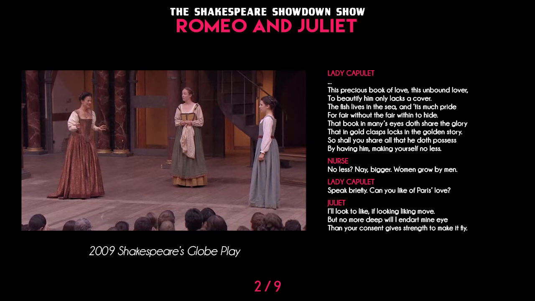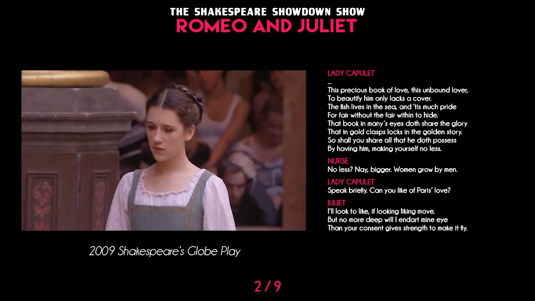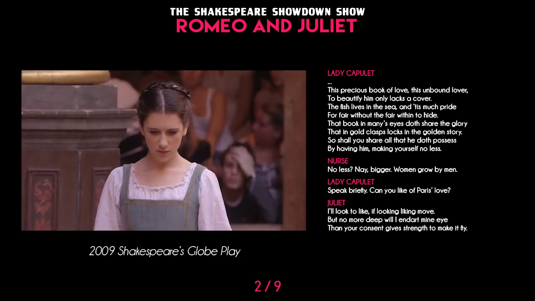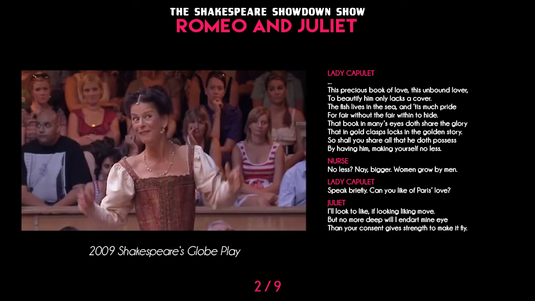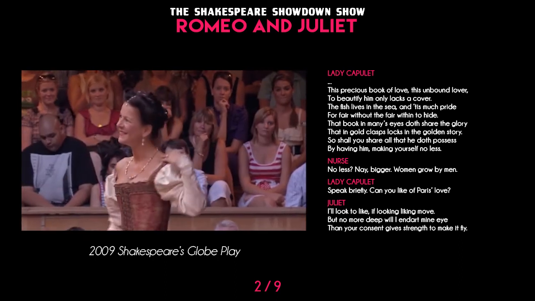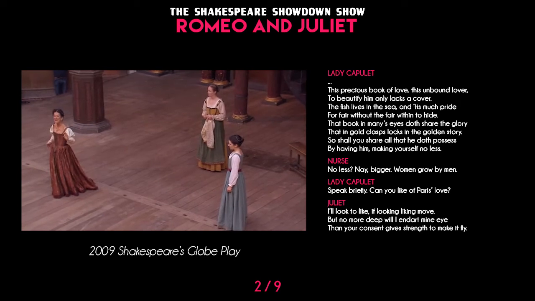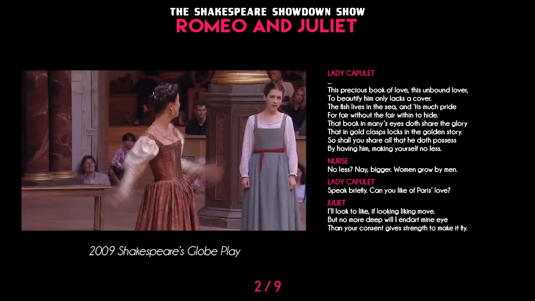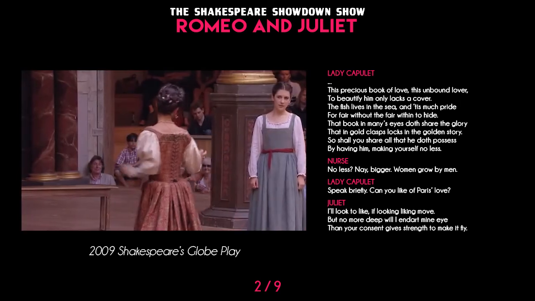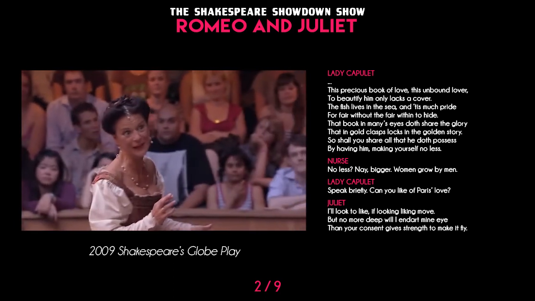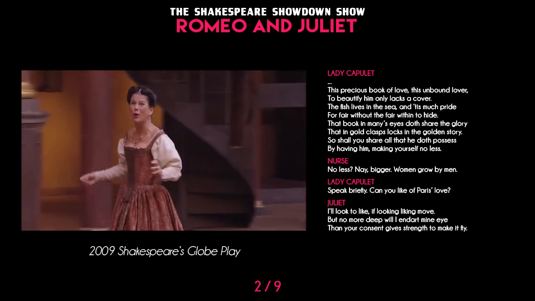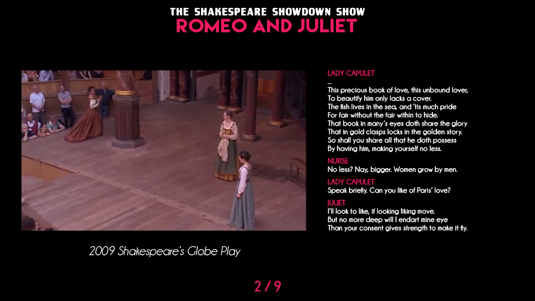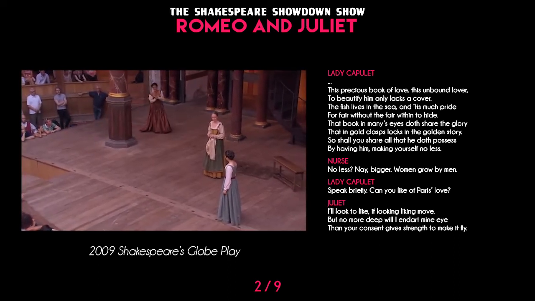This precious book of love, this unbound lover, to beautify him only lacks a cover. The fish lives in the sea, and 'tis much pride for fair without the fair within to hide. That book in many's eyes doth share the glory that in gold clasps locks in the golden story.